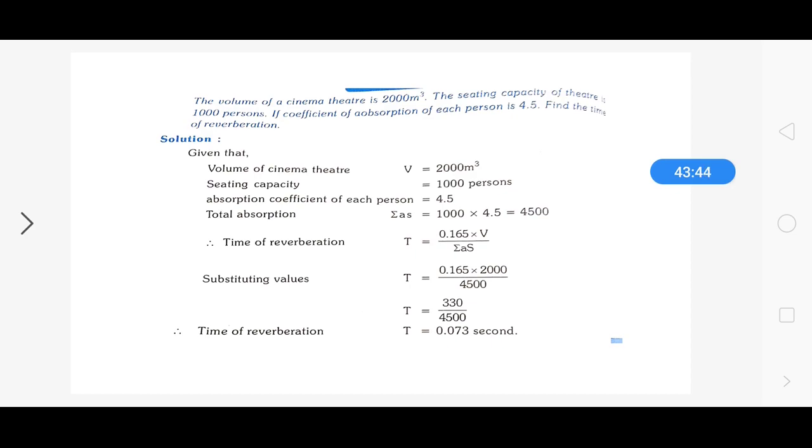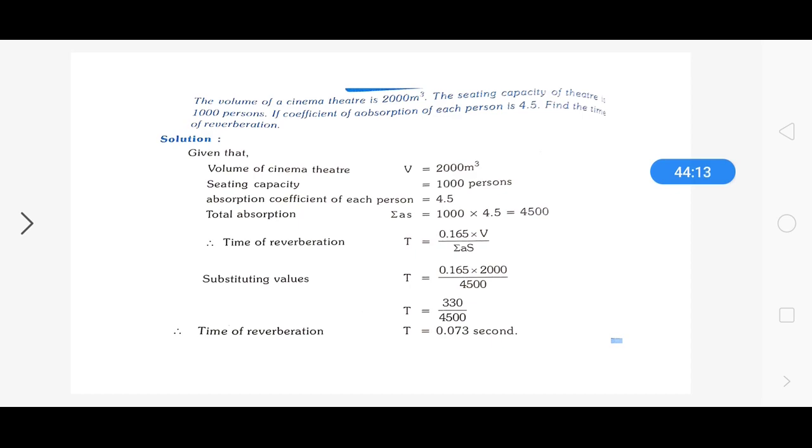So time of reverberation T is equal to 0.165 V by sigma AS. So T is equal to 0.165 into 2000 by 4500, is equal to 330 by 4500, that is equal to 0.073 seconds, the time of reverberation.